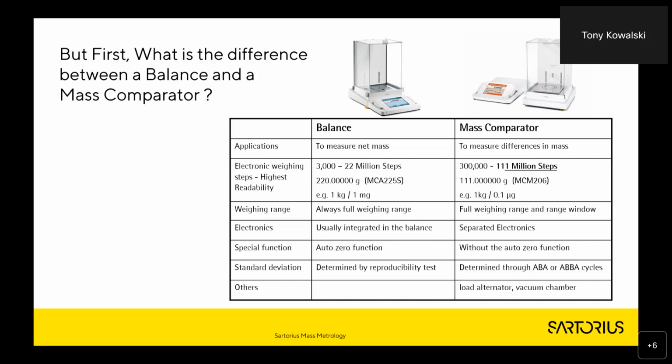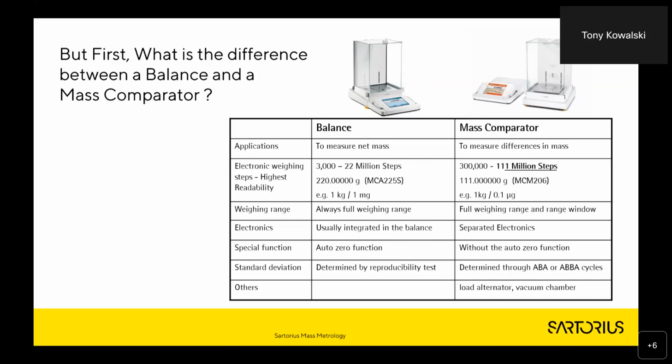So, for example, a model here, MCA225S, it has 220 grams readability with 5 decimal places. So from seeing the very first digit appear at 0.00001 until we reach 220.00000, we have 22 million steps. That is the best resolution we get in a laboratory.